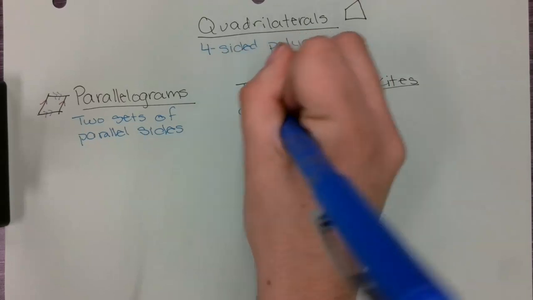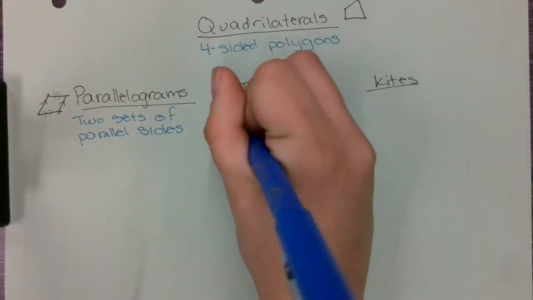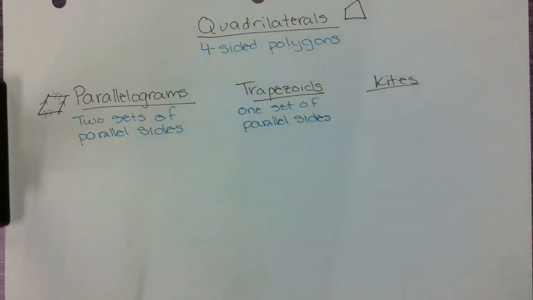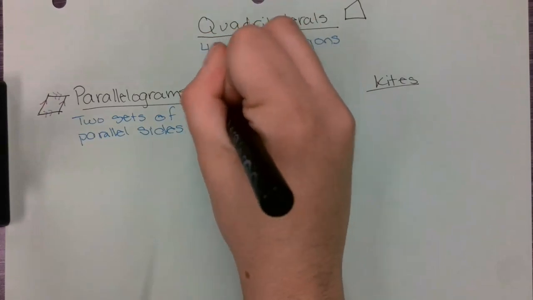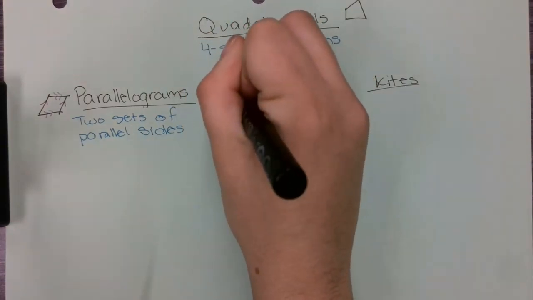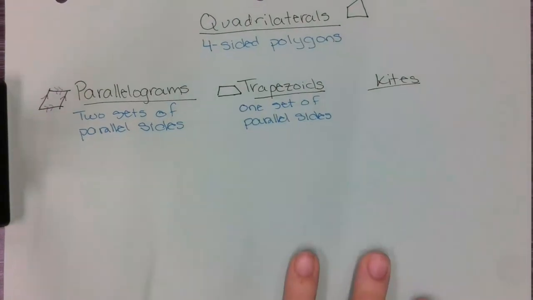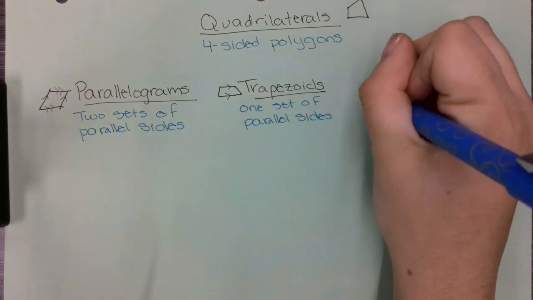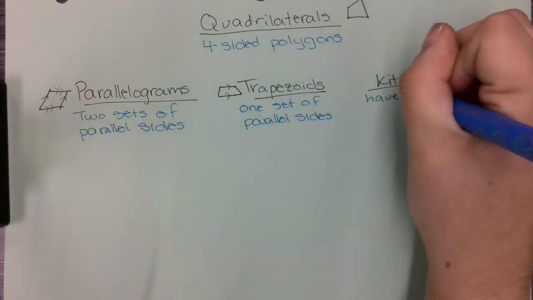Trapezoids have one set of parallel sides. And then kites have two sets of adjacent equal sides.